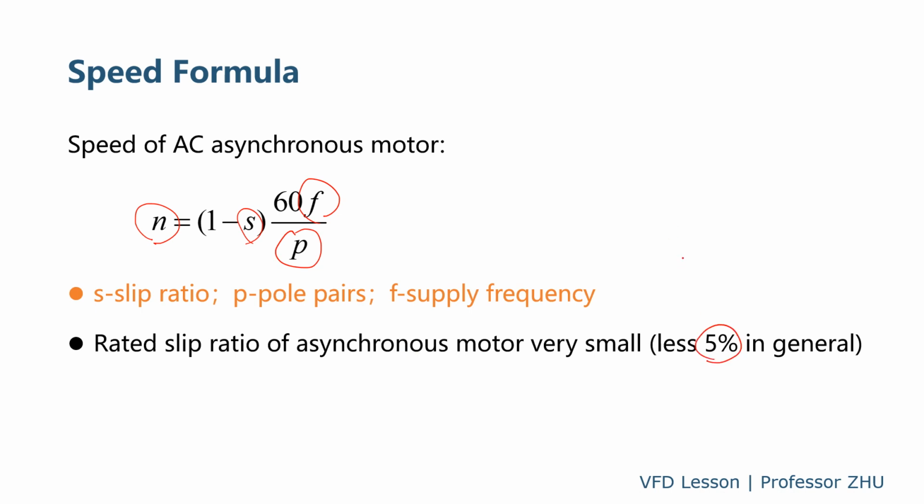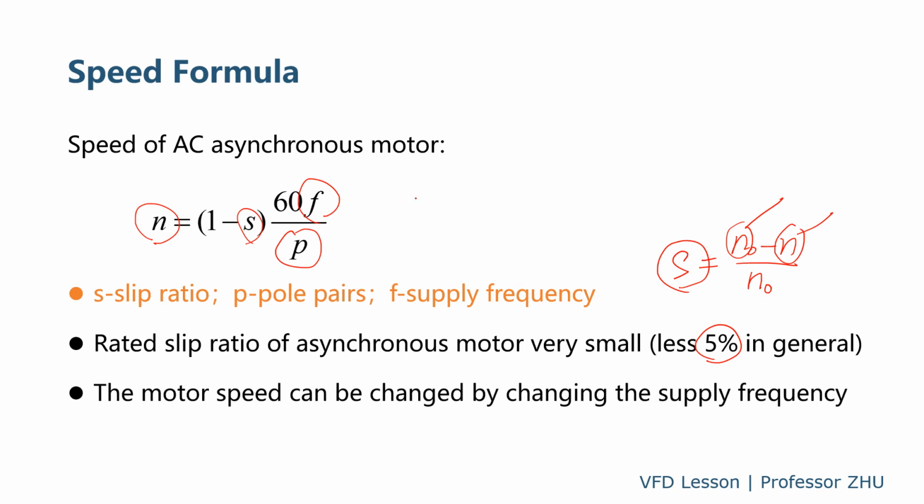Actually, the formula for the slip is like this. This is the motor speed. This is the motor synchronous speed. So the slip S is the percentage of the difference between the motor speed and the synchronous speed, divided by the synchronous speed of the motor.